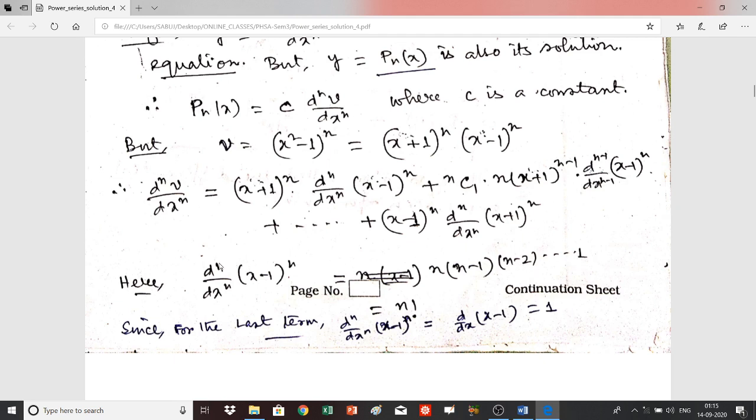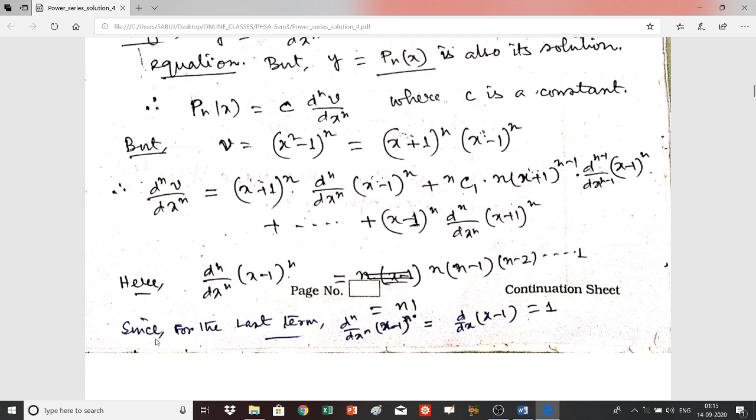If you ultimately differentiate n times, then you will get the constant 1. So the differentiation of (x minus 1)^n for n times gives the result n into (n minus 1) into (n minus 2) and so on down to 1, that is, nothing but n factorial.